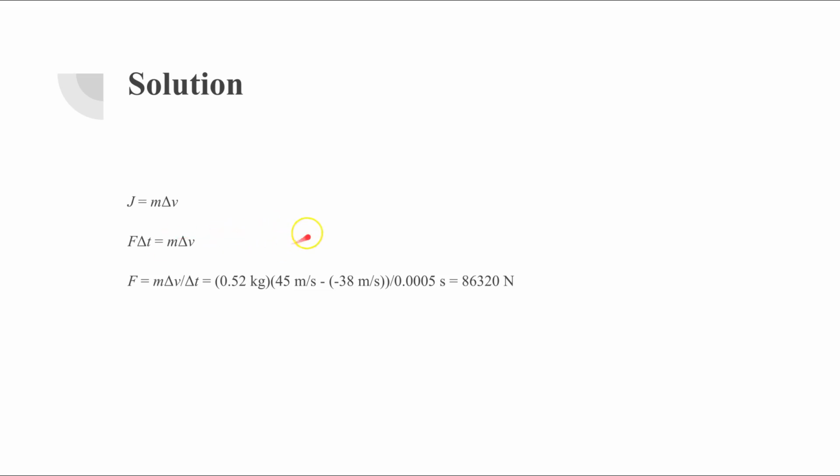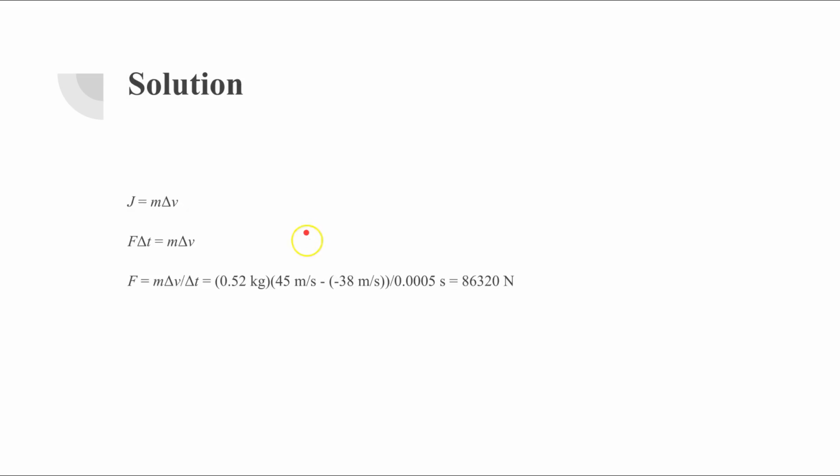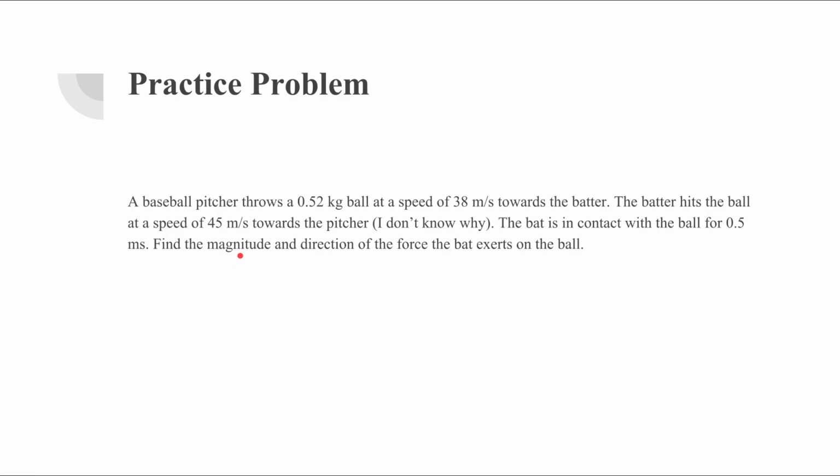And here's where people get tripped up. They'll say, hey, 0.52 kilograms, so 45 minus 38, that is not right, because it changes direction. So say toward the batter will be left. He's throwing left, and then the batter hits the ball at a speed of 45 meters per second toward the pitcher.